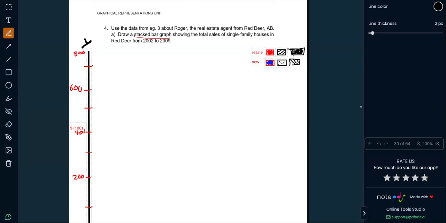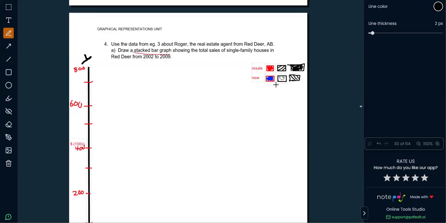Shade this one in and make this one go one way. So there's different ways you can do it. I don't care how you distinguish it. You just need to distinguish it, okay? So do a different pattern, do a solid color, do different colors, do anything, distinguish it though.